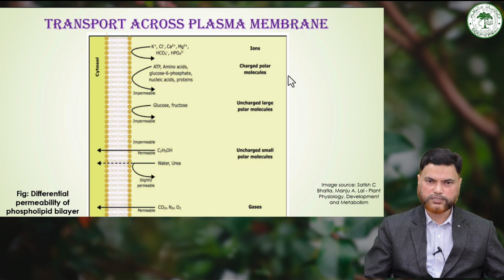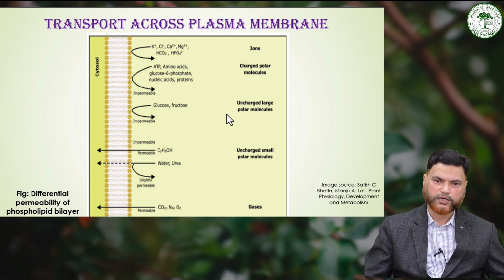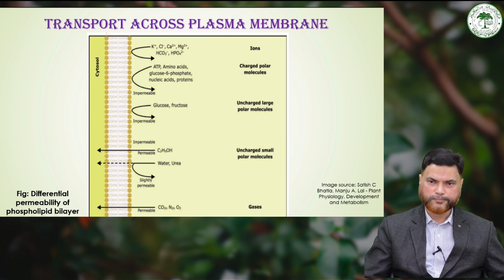Here in the external cellular environment, ions, charged polar molecules, uncharged polar molecules, uncharged small polar molecules and gases are present. So whether they can cross this plasma membrane to the cytosol, or whether they require the assistance of something else to cross, you see that the plasma membrane acts as a sort of barrier.